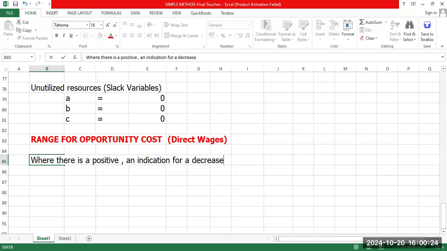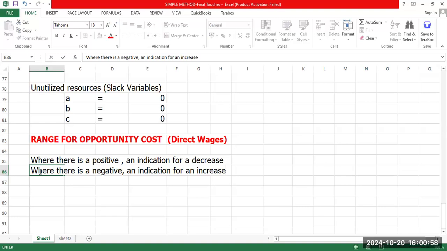I just want you to see the shortcut. Where there is a positive is an indication for a decrease. Okay. Then where there is a negative, it's an indication for an increase.